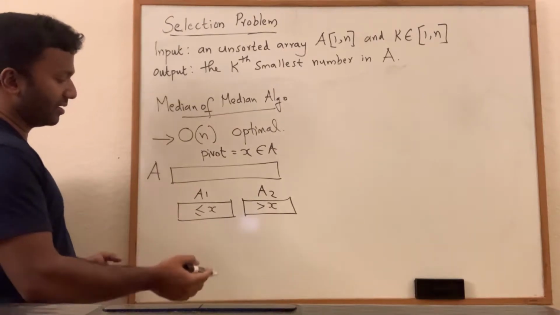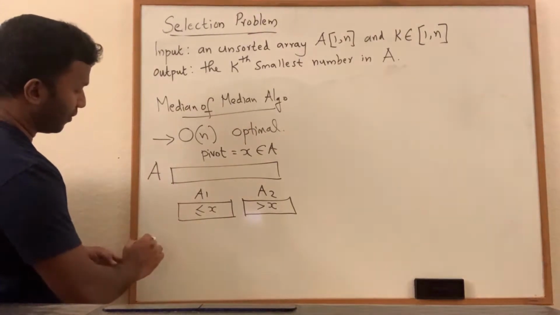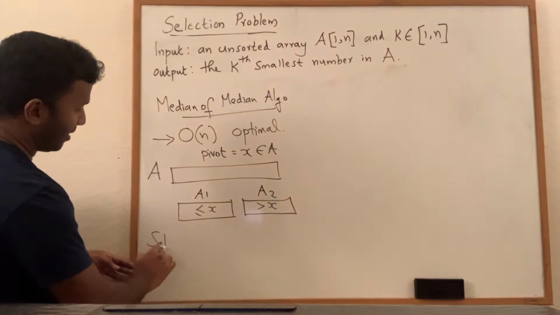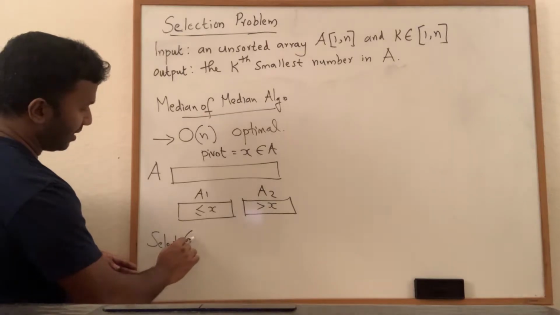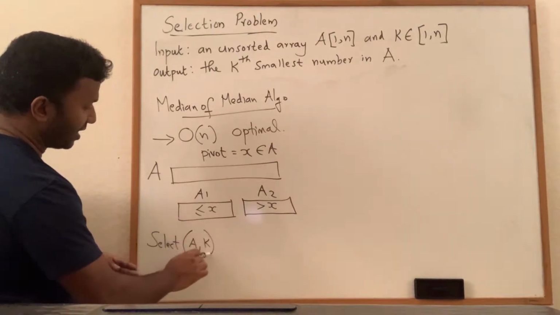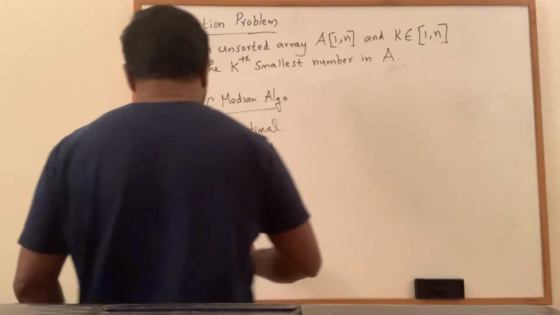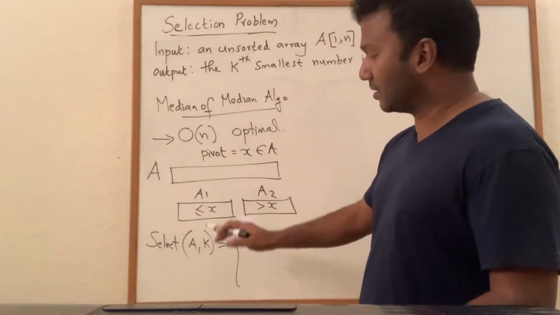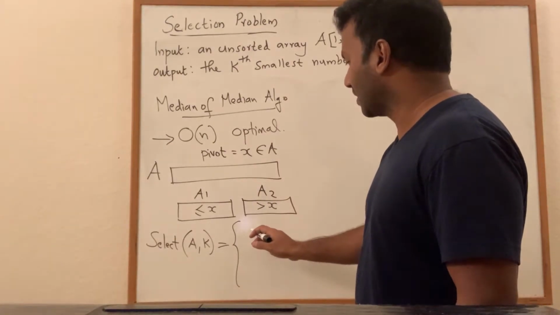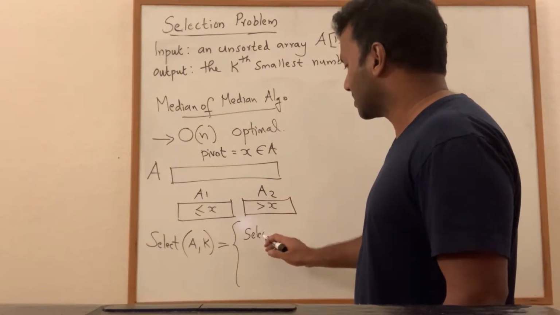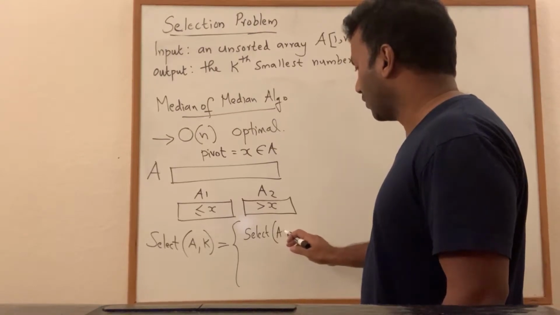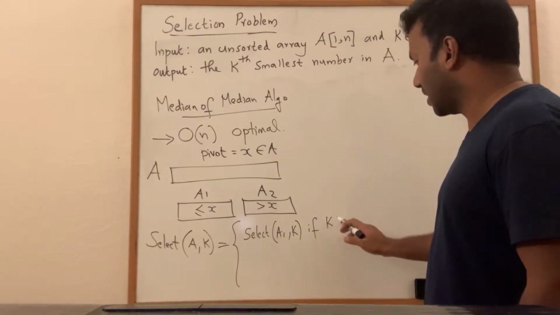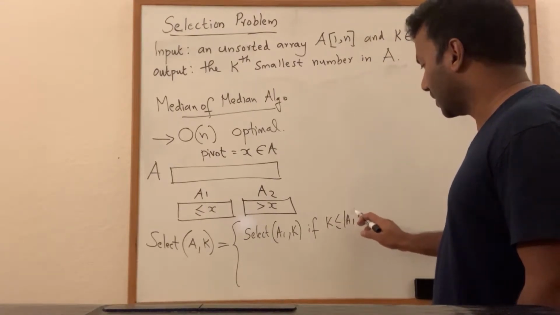Then we said if I'm looking for the kth smallest element in A, that is, select(A, k), then this question can be reduced to the following: simply select(A1, k) if k is less than or equal to the size of A1.